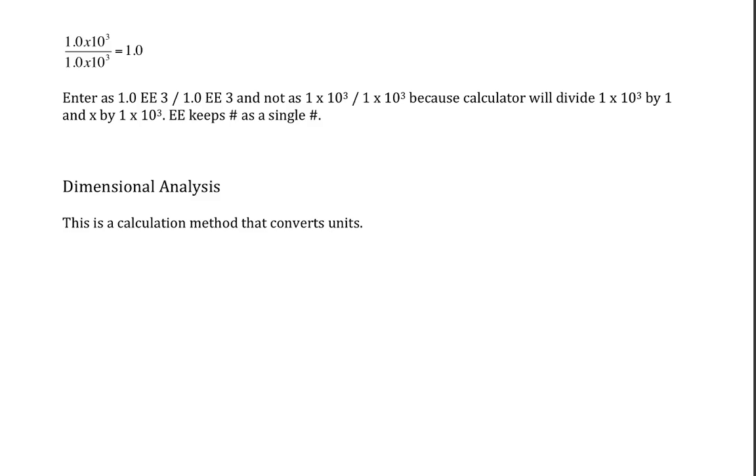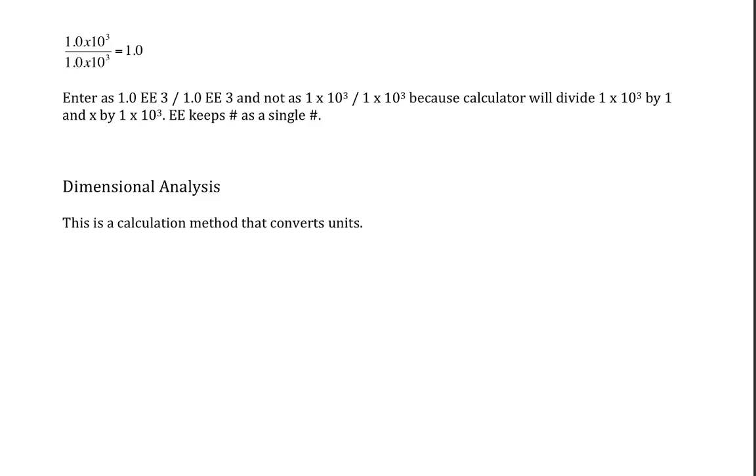Use the double E key. That keeps the number 1.0 times 10 cubed as a single number, because it really isn't 1 separate from 10 cubed. It's that whole number together.